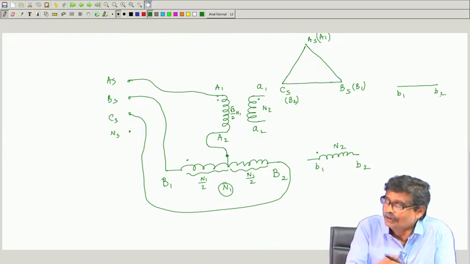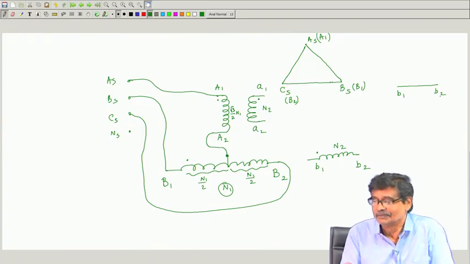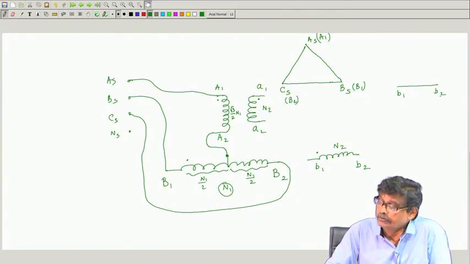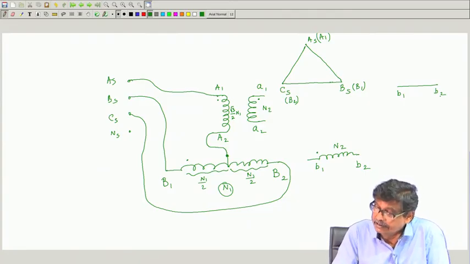We have done much more complicated cases in three phase. Now, here it will be like this, and this will be the secondary voltage phasor parallel to B1 B2.